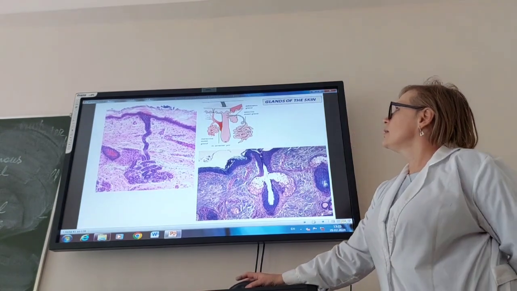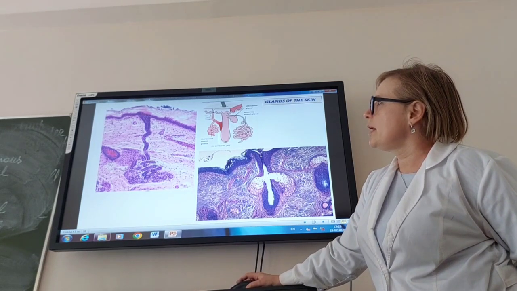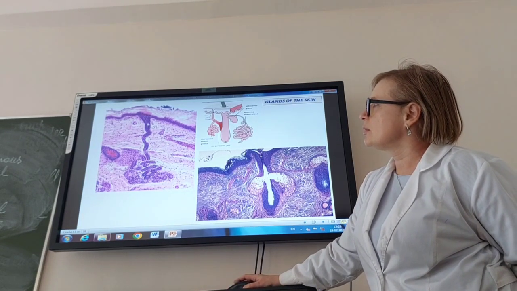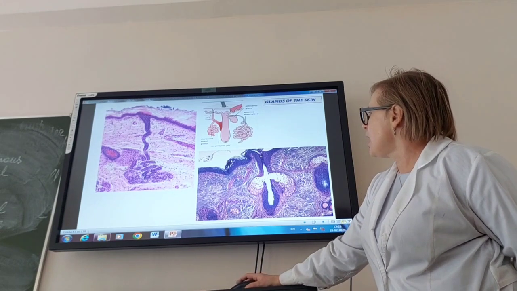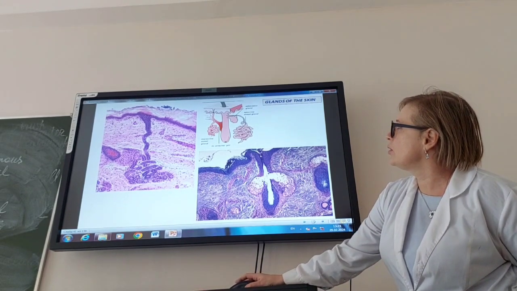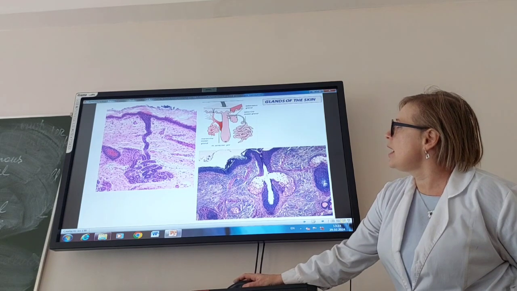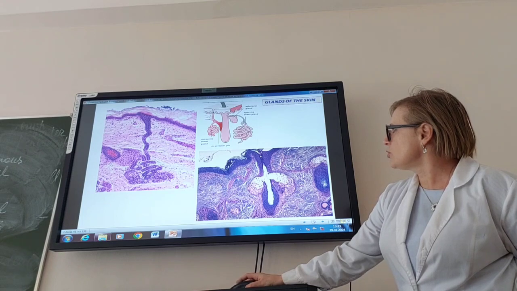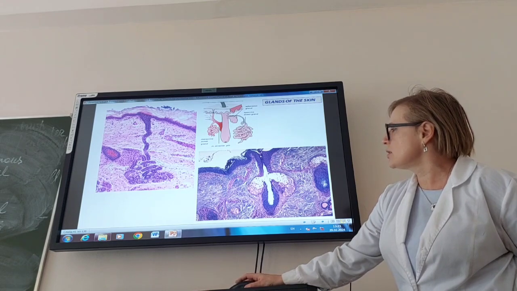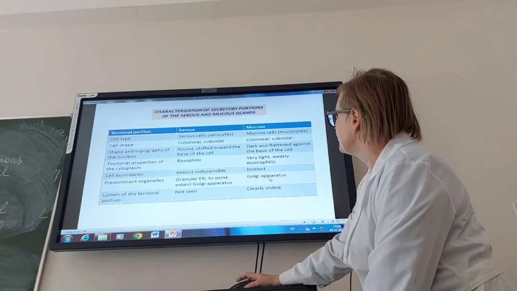This is a photo of a sweat gland with duct. This duct opens on the surface of the skin. This is hair follicle, and sebaceous gland opens to the hair follicle. Look please, this sebaceous gland opens to the hair follicle.